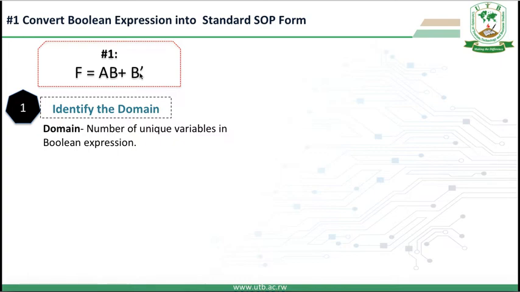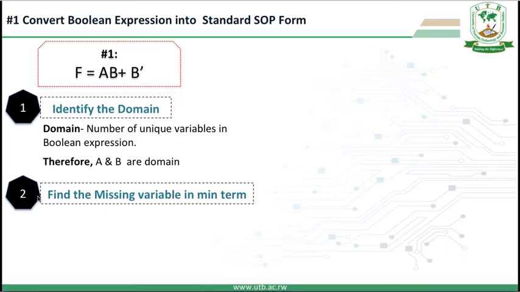These are not two different variables. So A and B are the two variables, the domain of this given Boolean expression. I repeat, B and B complement is considered a single variable because both are B. So what is the next step of the conversion? The next step says find the missing variable in the min term. This AB is a min term and B complement is another min term. Why? Because it is a SOP form.